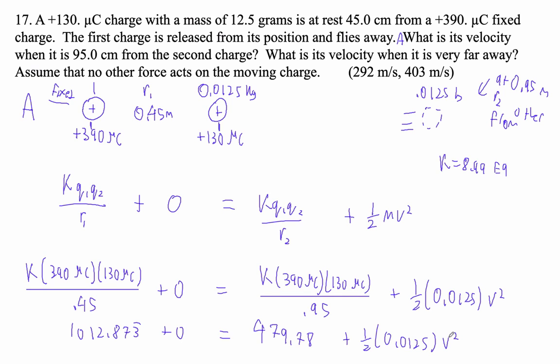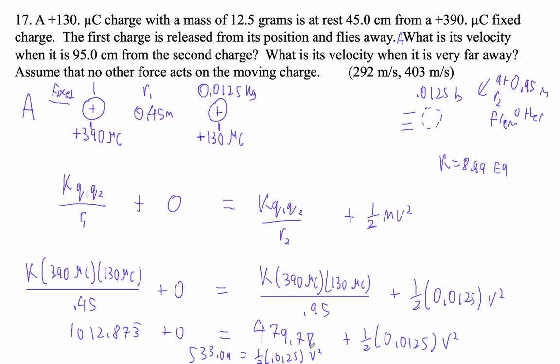Okay, so that guy, 1012 minus 479. I'm getting that it's 530. We're running out of space. 533.09 is 1/2 times 0.0125 v squared. Okay, so I'm going to go times 2 divided by 0.0125.